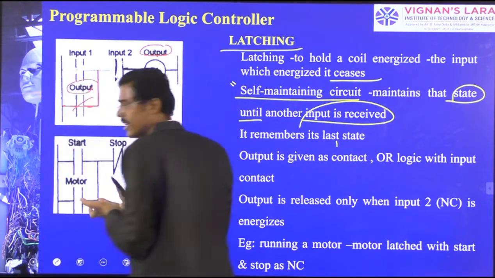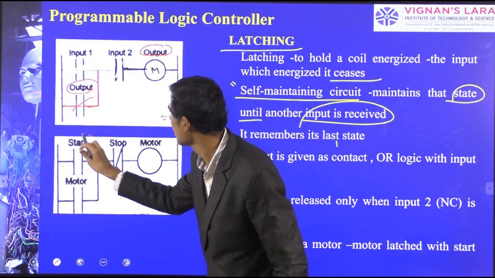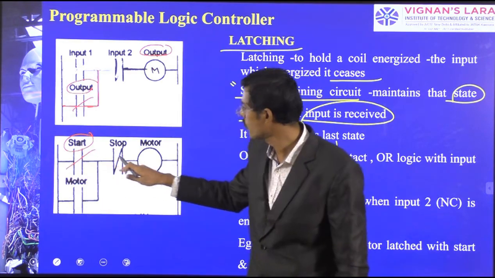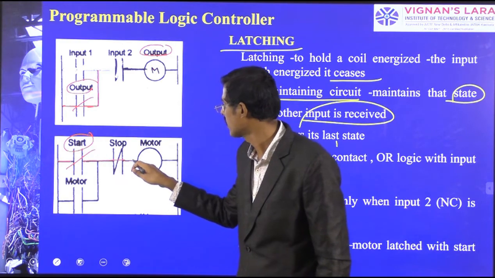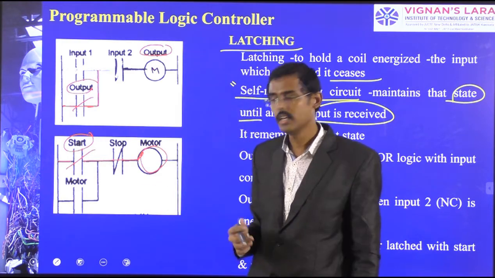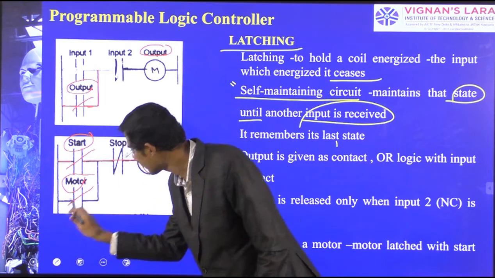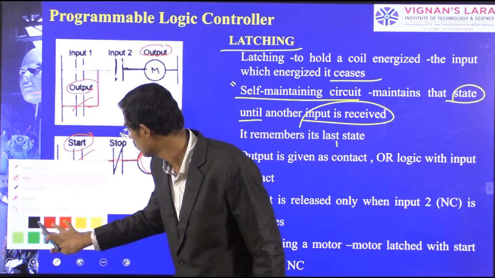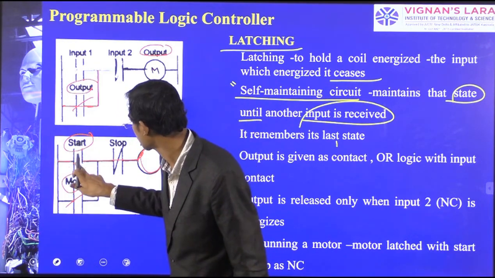What I have done here is named this as start. You see, this is a start. I have connected it, and the circuit is moving from here to here. Now it is also latched here. So when the motor is on, it is also started. Therefore it continues even though I am disconnecting this.